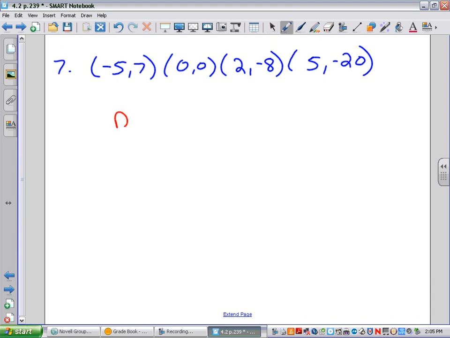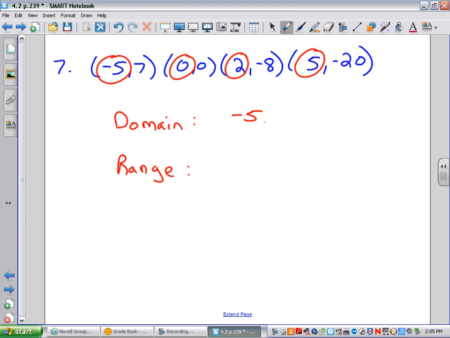So domain and range. It's pretty easy. Your domain are your x values. I'll circle them. -5, 0, 2, +5. Let's list those. We better list them in order. What would it be? -5, 0, 2, and 5.